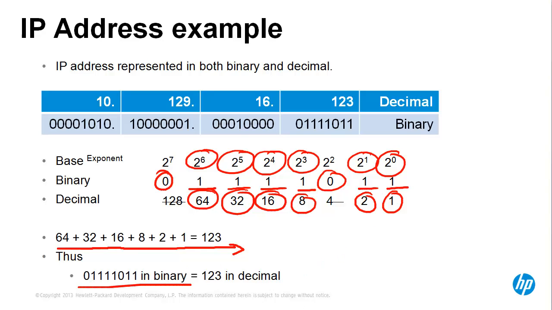That gives us this value in binary, which is equivalent to 123 in decimal. I'm hoping that shows you how to convert a decimal IP address into binary.